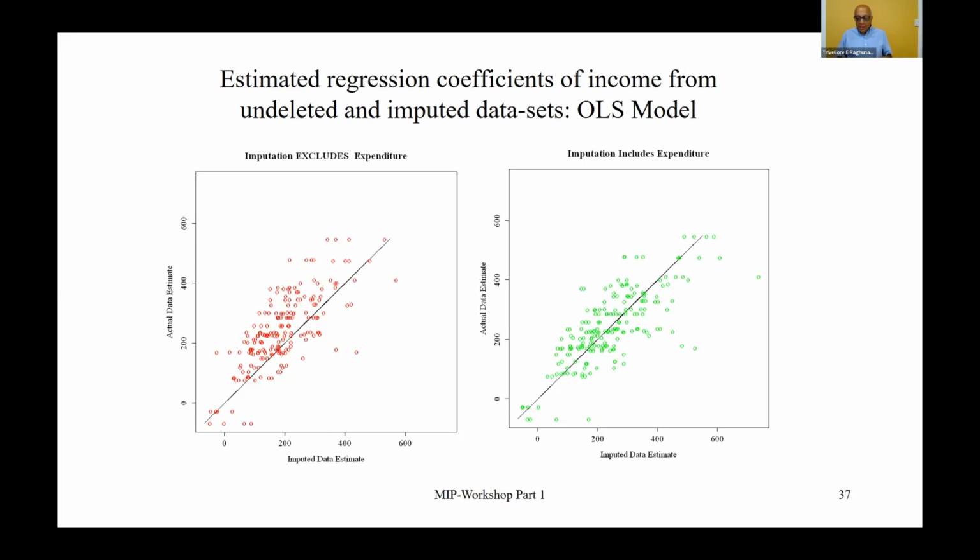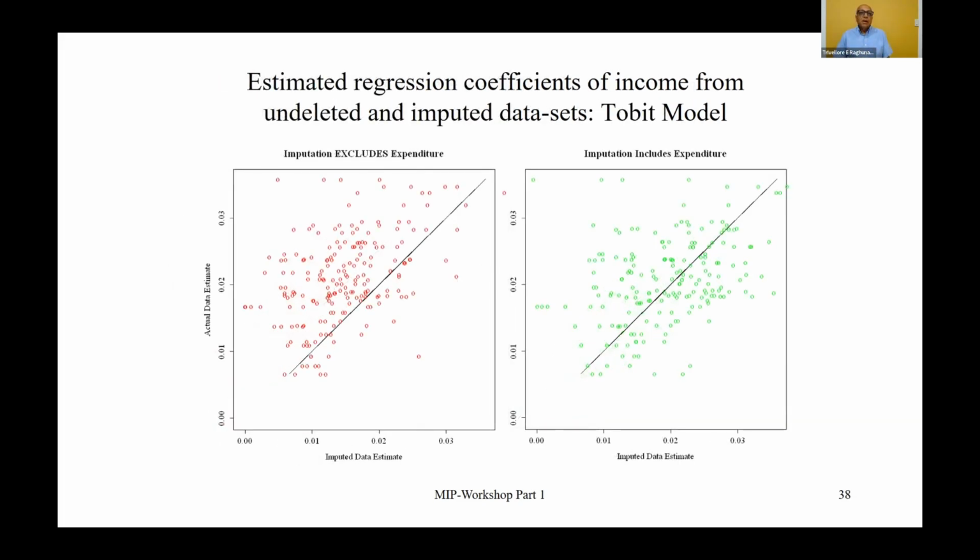That's why you really have to condition on as many covariates as possible in any regression analysis. Same thing in the Tobit model: actual data estimates are much larger than in the imputed data set when you exclude the expenditure, and the scatter is around the 45-degree line if you include expenditure in the model.